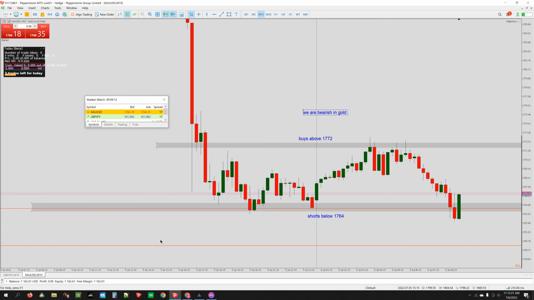So the current 15-minute candle in gold is breaking above the high of the previous 15-minute candle, and we will see what will happen.